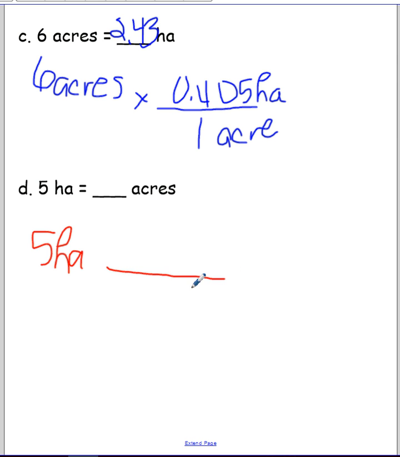So again, that one was 1 hectare is the same as 2.47 acres. And if we do that, we get 12.35 acres.